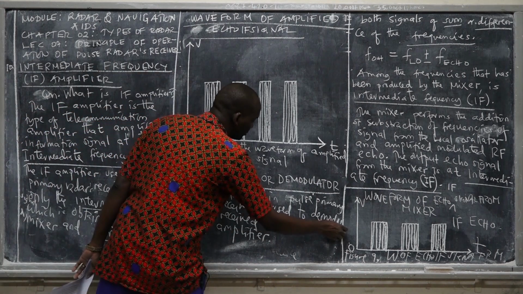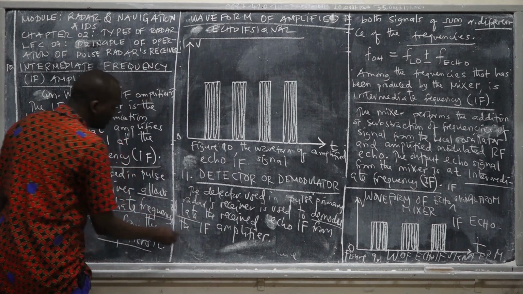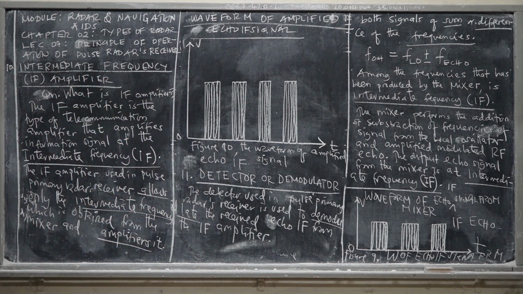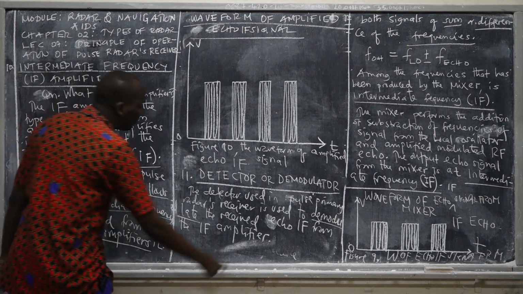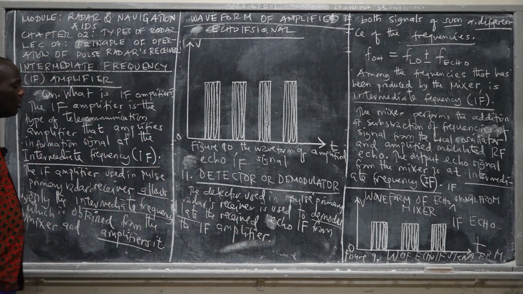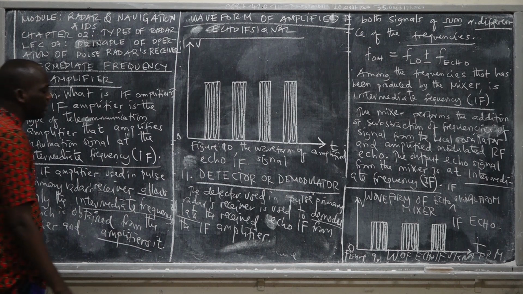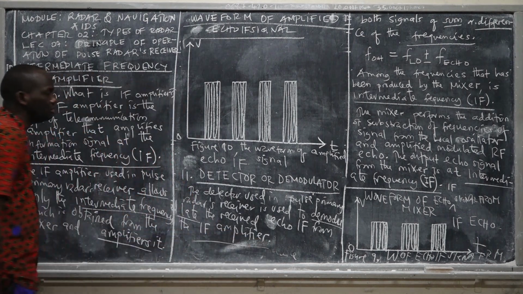Say demodulate. So it demodulates the echo intermediate frequency signal from the IF amplifier unit.